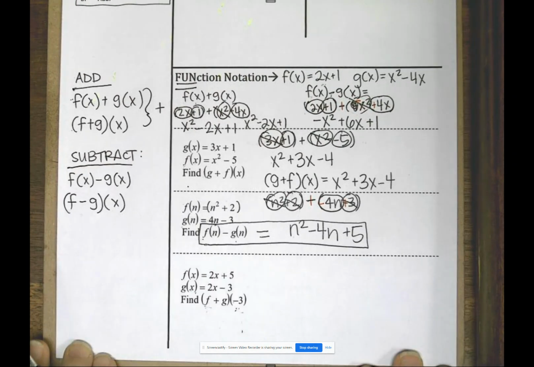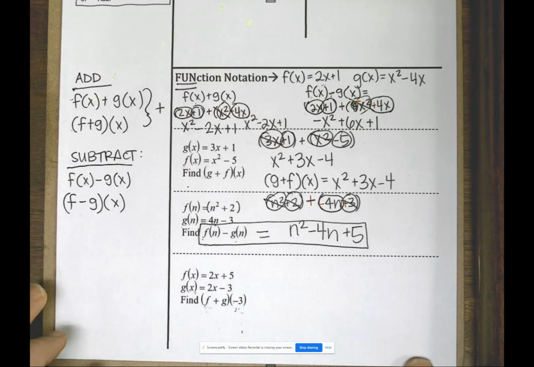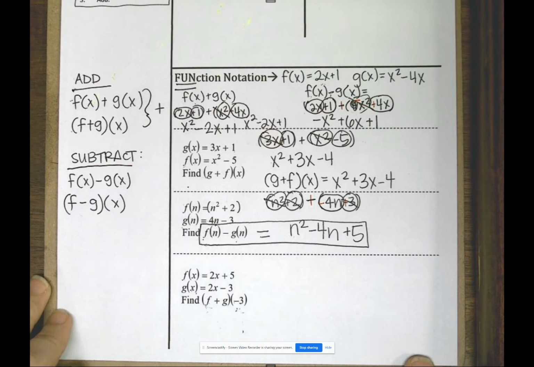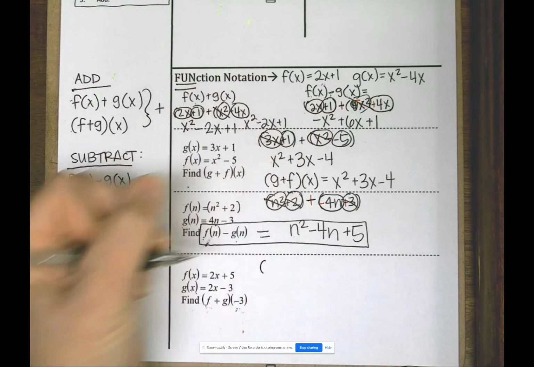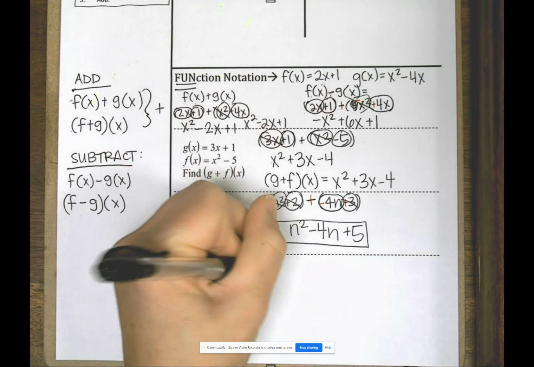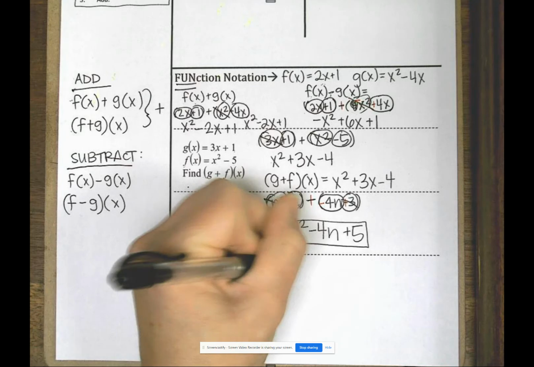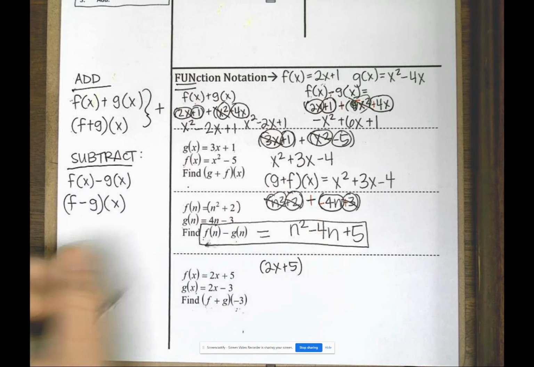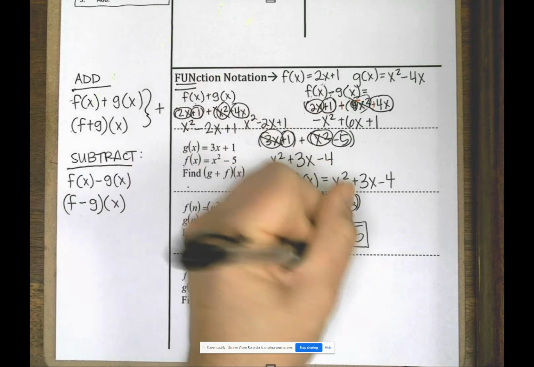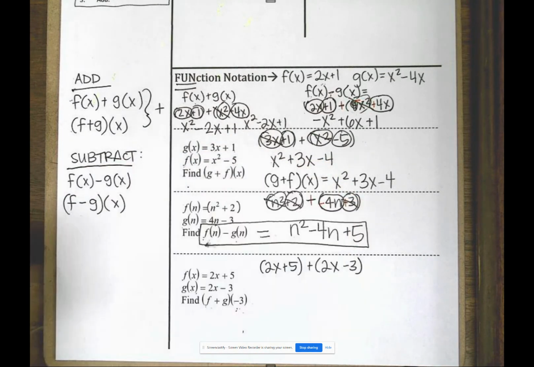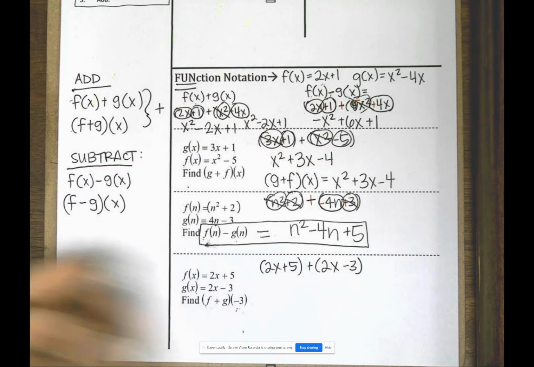Last problem, and then I'm going to leave you on your own to try your homework and give a few of these problems a chance yourself. So f plus g, I'm going to start with f of x, which is 2x plus 5, and g of x, which is 2x minus 3. I'm going to combine like terms.